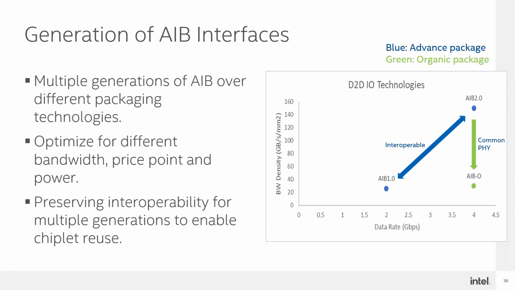So there are definitely some use cases that require high bandwidth, and for that we still need AIB 2.0 with the advanced packaging technologies.